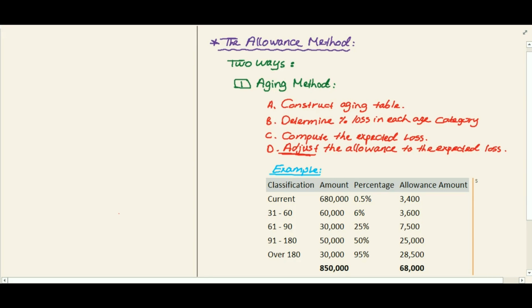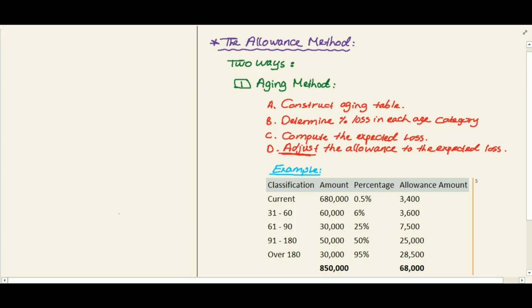So notice that 95% of the receivables that are more than 180 days old will be uncollected. So as the days increase, the percentage or the chance that these receivables won't be collected increases as well.